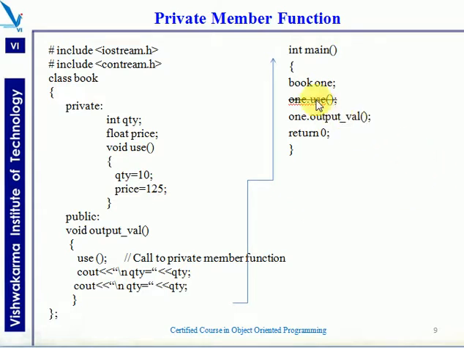This will give me an error because I cannot access the private member function in the main. So for that, I have called that private member function in the public section, and then I can use the private member function. So see the code here.